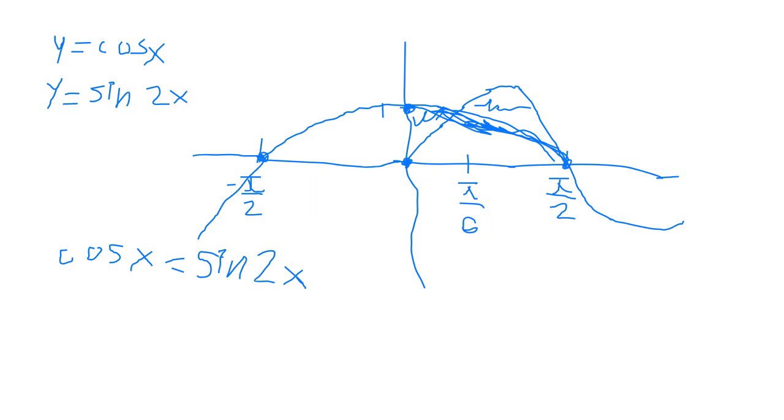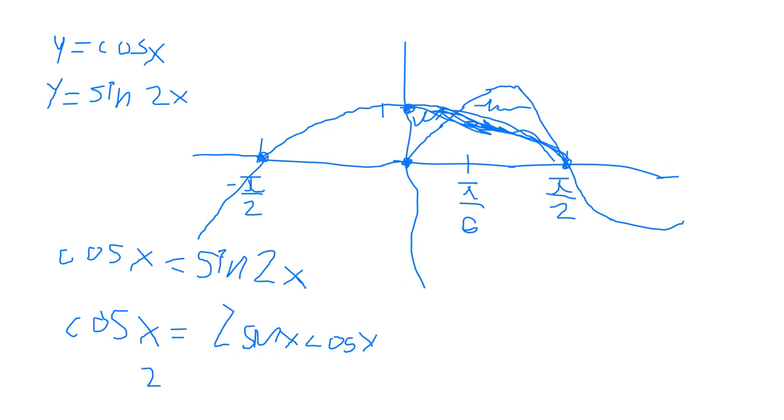Okay, so we know that sine of 2x would be 2 sine of x cosine of x, I believe. Okay, double angle formula. Yeah. Then we divide by cosine of x on both sides.